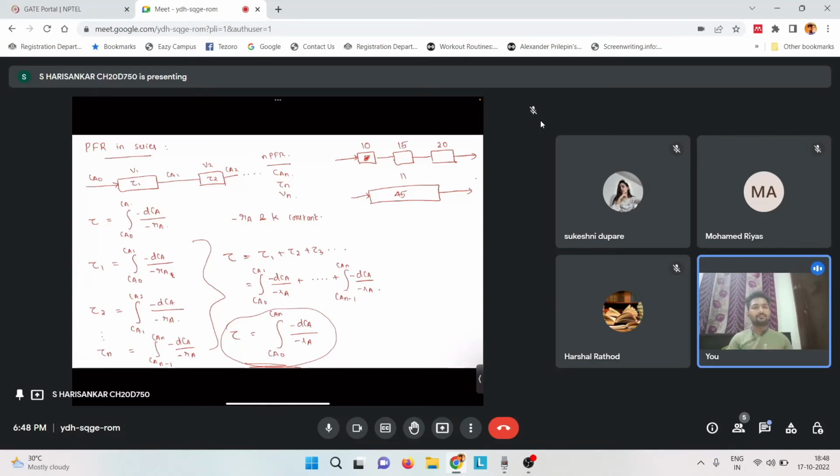If you have three PFRs in series, or a very large PFR, as long as the total volumes are the same, the conversion is going to be the same. That is the significance. There is no advantage in using small PFRs in series, like the advantage you had when using small CSTRs in series. Is it clear?